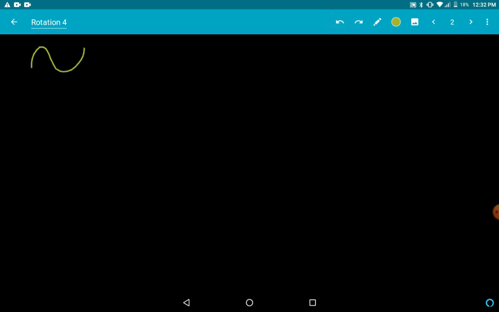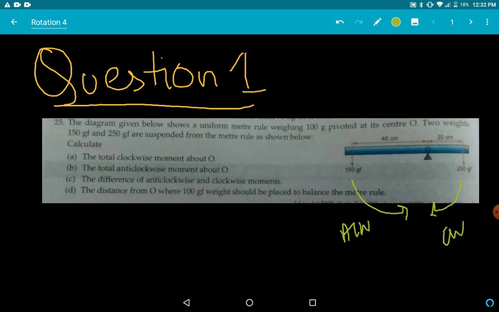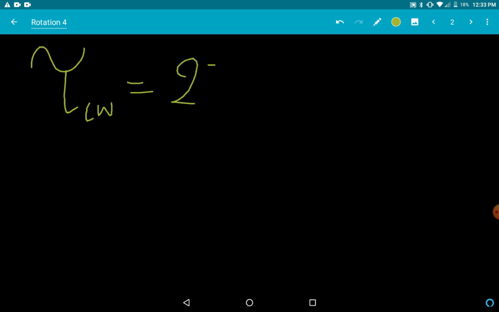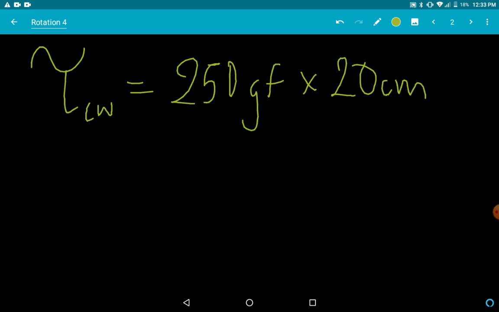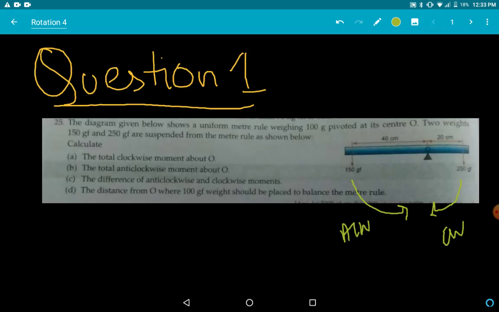Clockwise is nothing but, what is the force here? Let's check. 250 gf and 20 centimeter. So 250 gf into 20 centimeters, it should be 5000 gf centimeter. Understand?